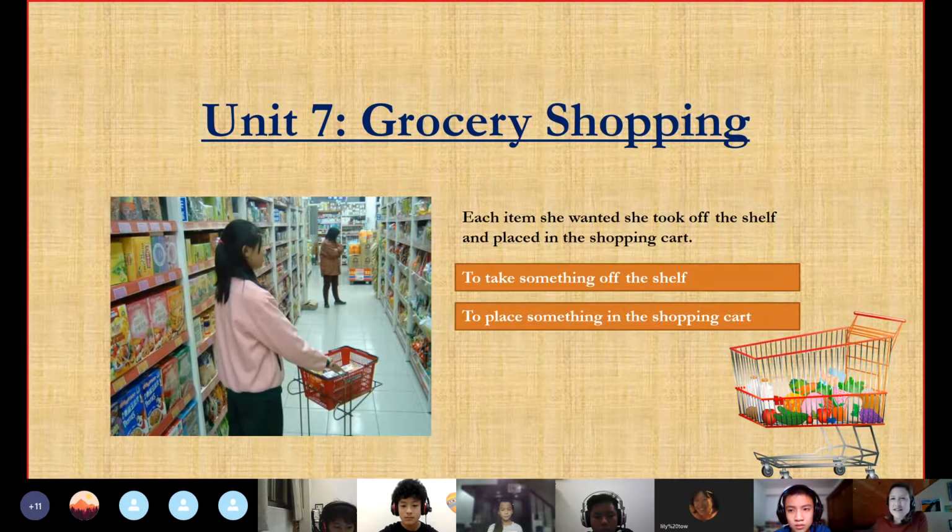So let's read the sentence together first. Each item she wanted, she took off the shelf.